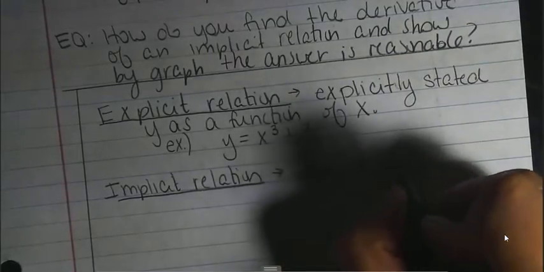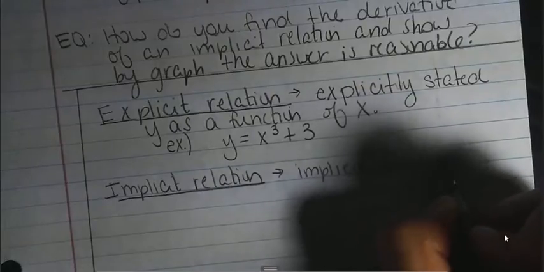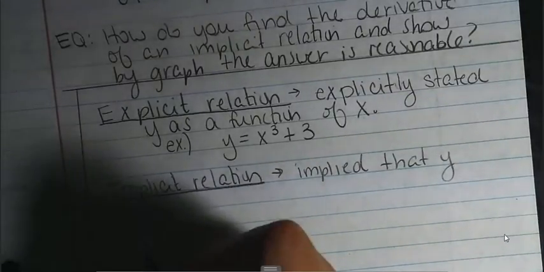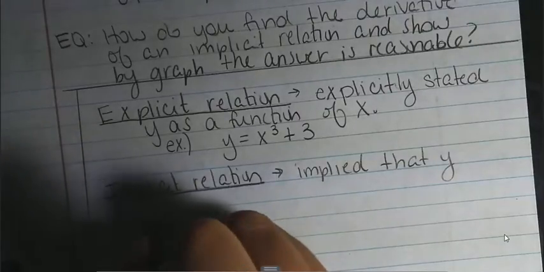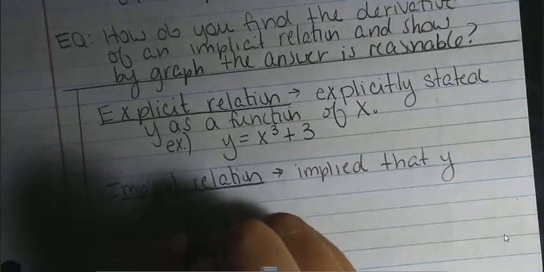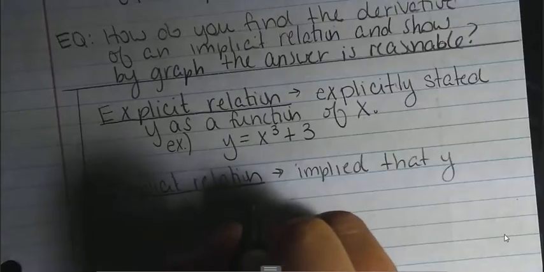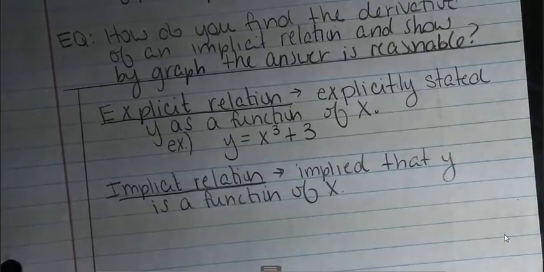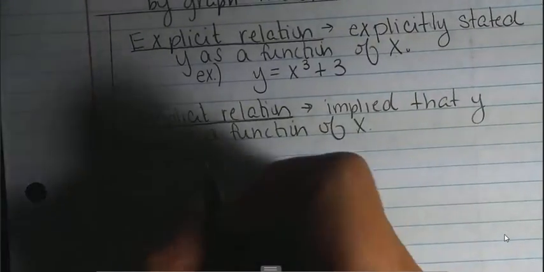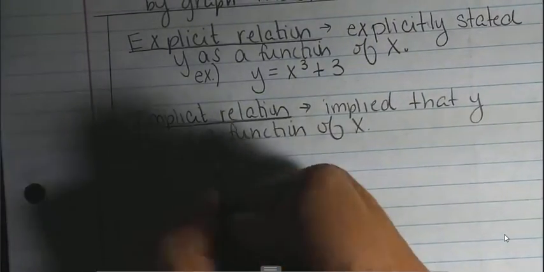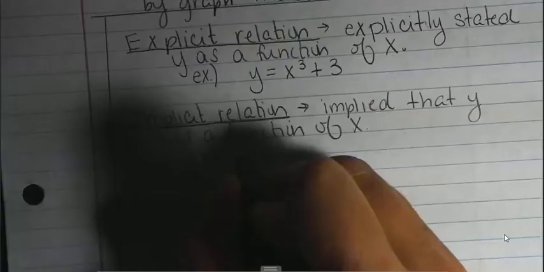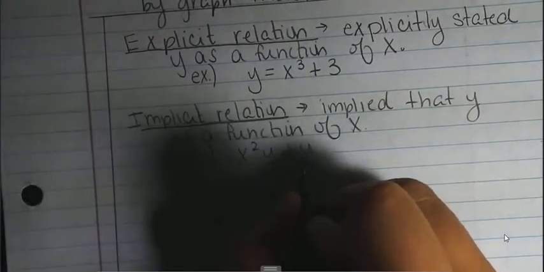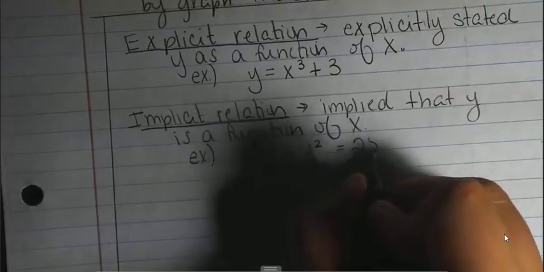Implied that y is a function of x. So an example of that might look like x squared times y plus y squared equals 25.